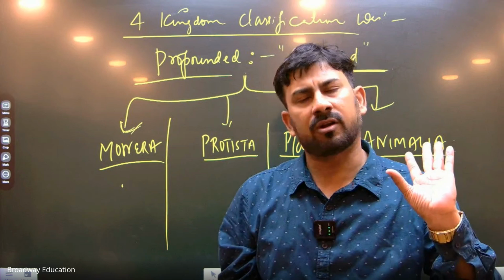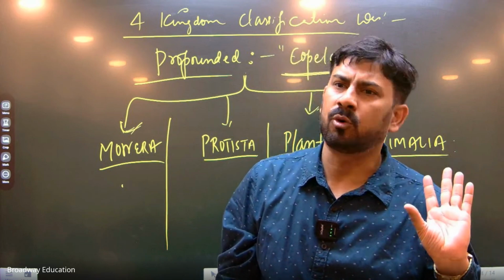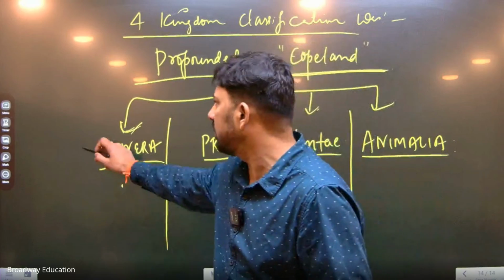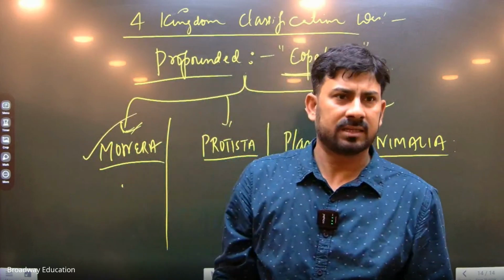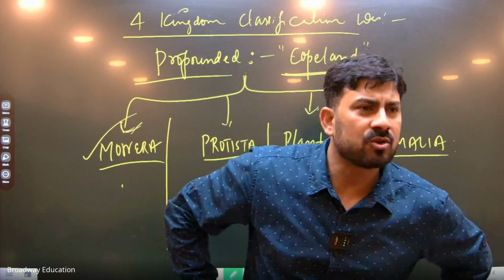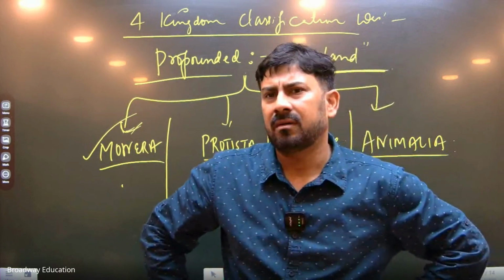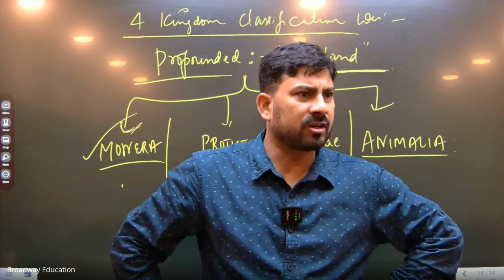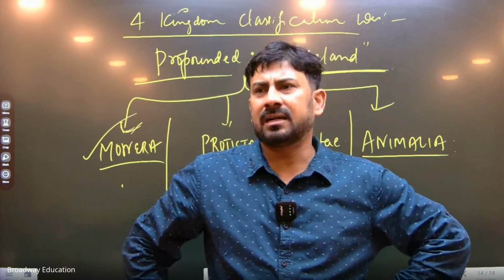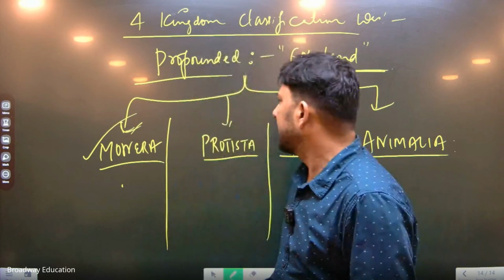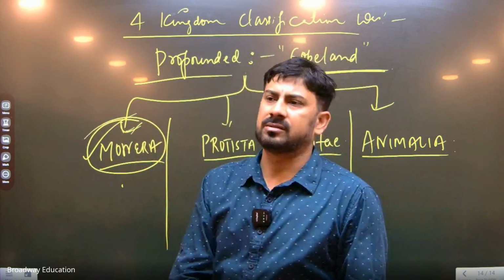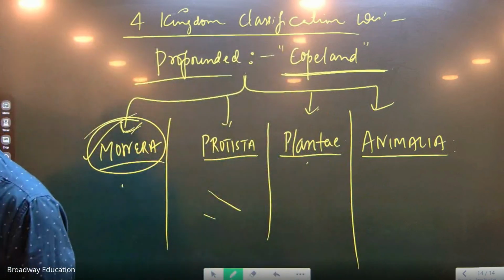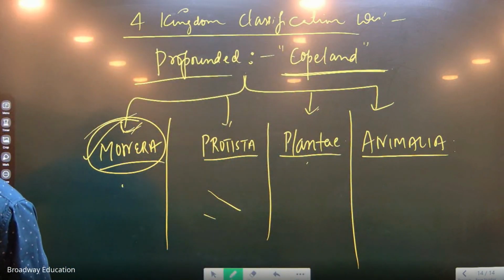Primitive nucleus, Monera only. Prokaryotes are put under Monera only. Understanding my point? Sometimes it is asked in the exam. The prokaryotes, bacteria and all, are kept under Monera. Is this part clear? Yes, no.